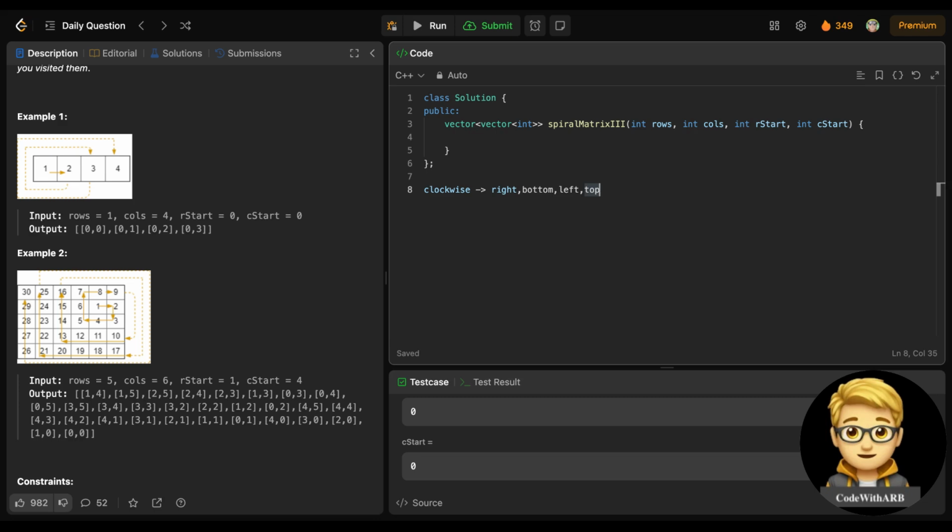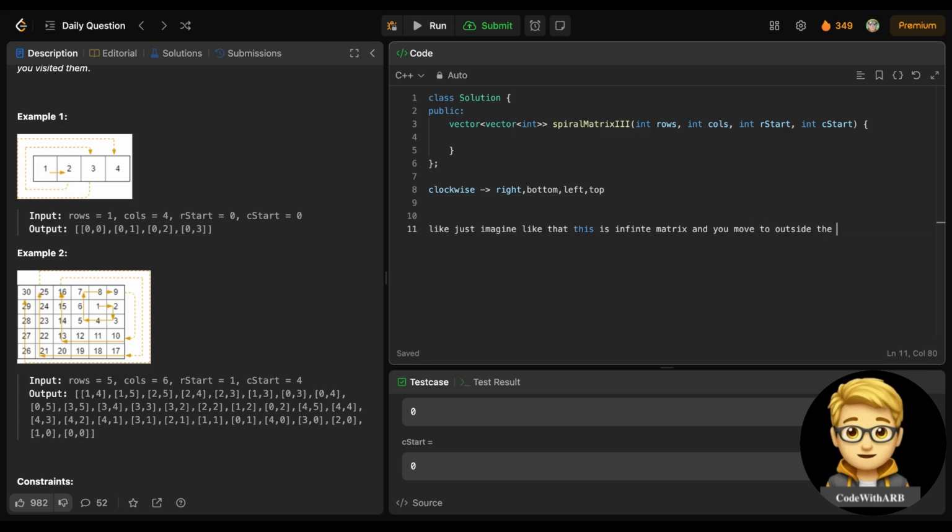Just imagine that this is a big matrix, an infinite matrix, and you move outside the boundary of the cell, outside the boundary, right?